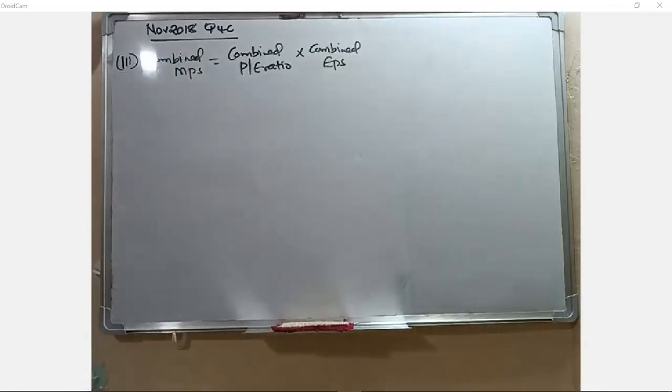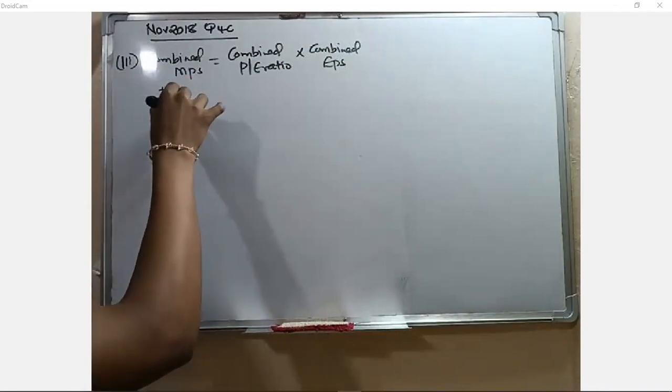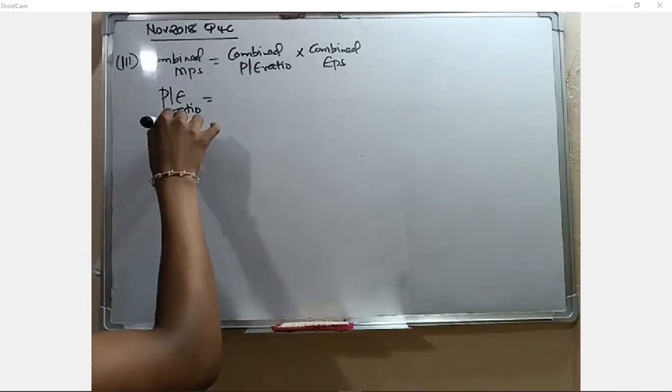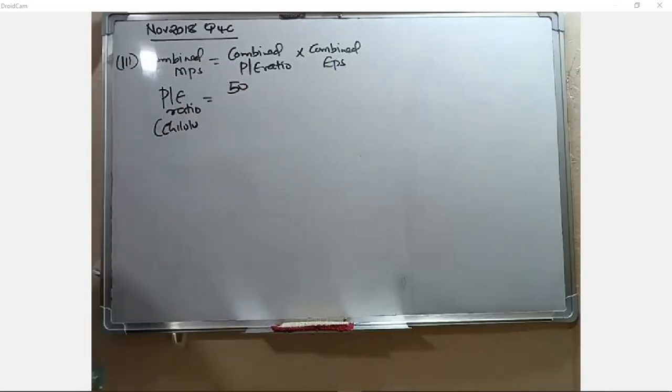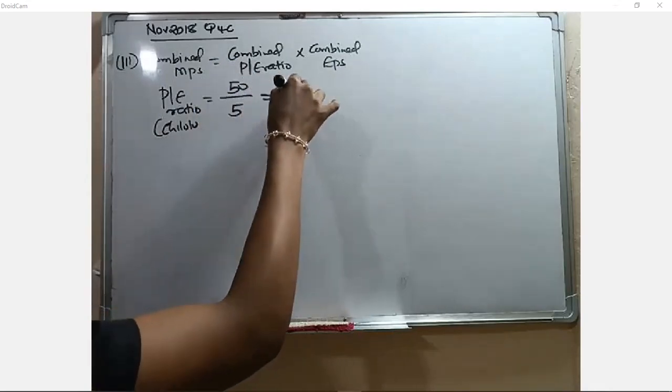Now, in this case, just ask yourself, what is our PE ratio for Chilulu? To get the PE ratio for Chilulu, remember the market price is 50, and as per the question, the earning per share is 5. This translates to 10.